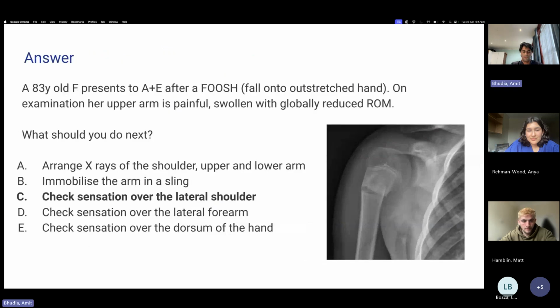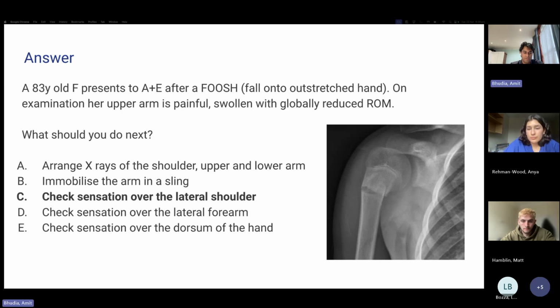Oh, there we go. Yeah, so you need to check the sensation over the lateral shoulder because there could be injury to the axillary nerve area, which is also called the regimental badge. And then proximal humeral fractures are also common in elderly people who have osteoporosis and fall in this sort of way with their hand out in front of them.